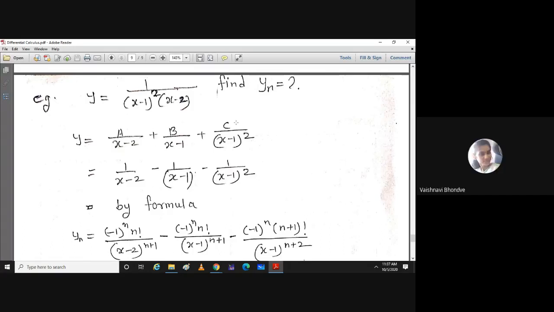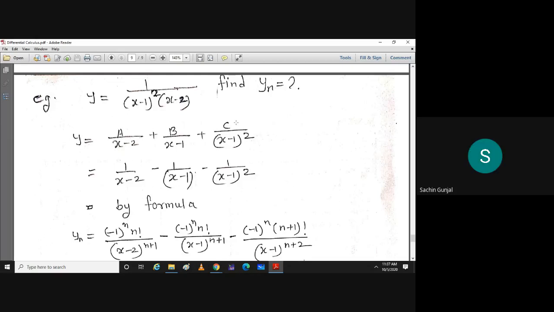Once we cross multiply, we'll equate the coefficients on both sides. How do you cross multiply? For example, in this case, for A, we multiply by x minus 1 square. That means what you are doing is multiplying by the LCM of the denominators.